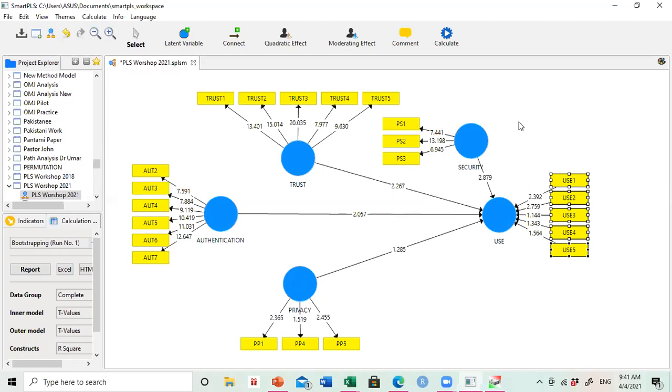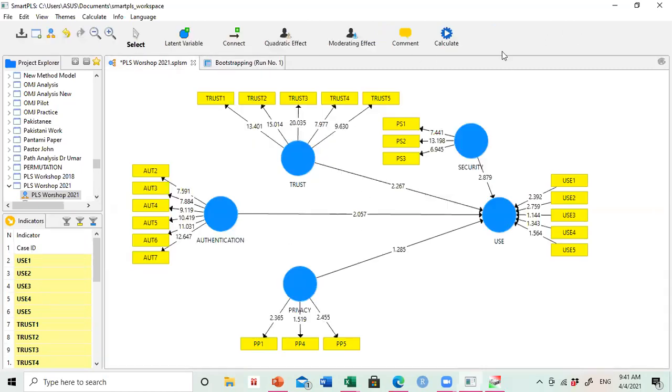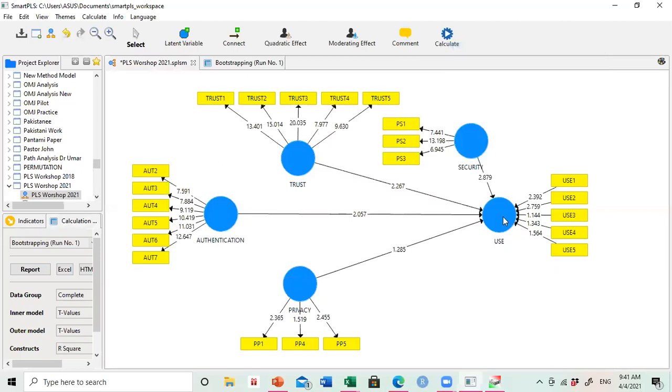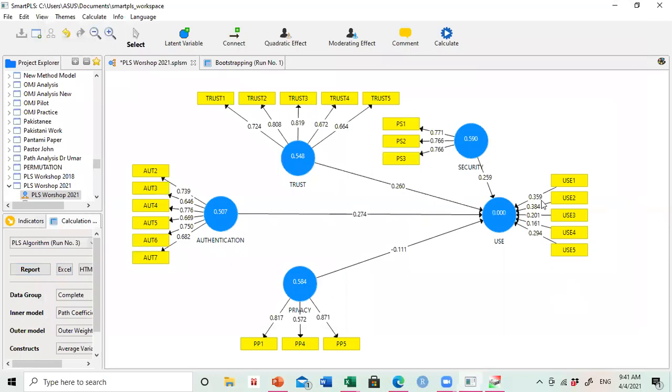Okay, so now we are going back to check whether the item loadings are okay or not. Maybe we go back to the report and look at the item loadings. We run the PLS algorithm again, start calculation, then you go to report.